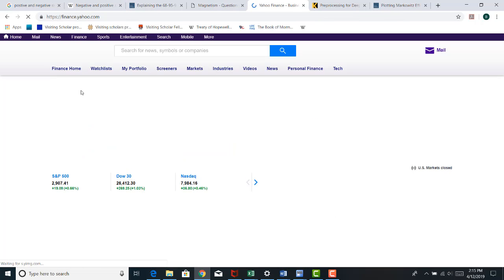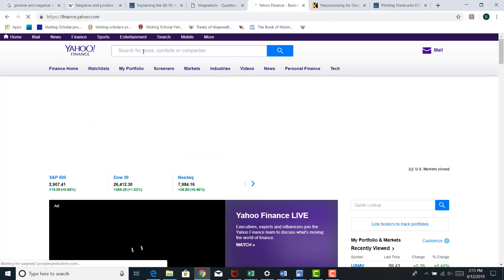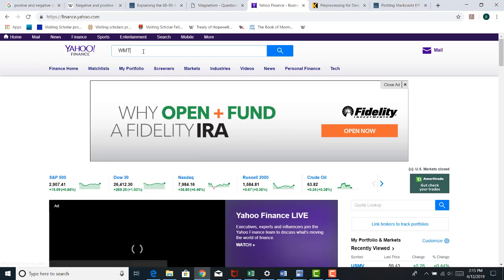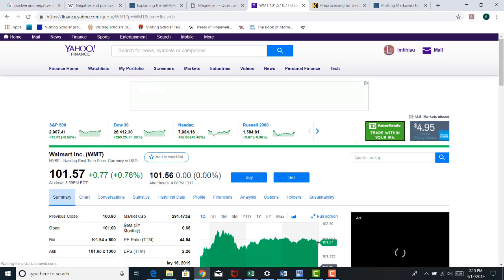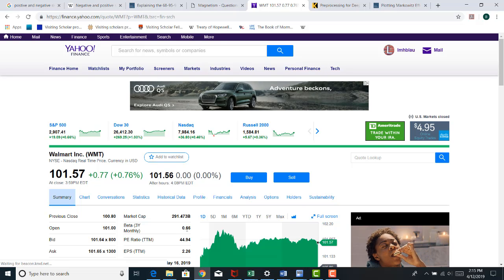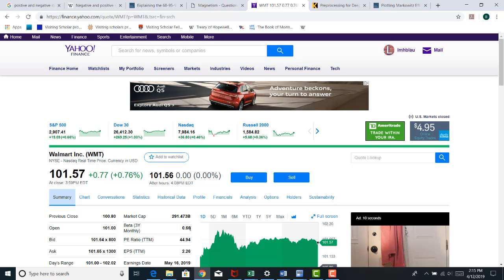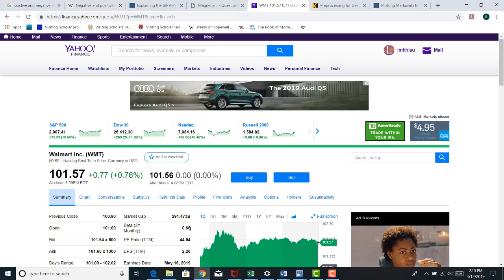I'm going to go to Yahoo Finance here real quick. I'm going to grab Walmart. And look, Yahoo Finance reports Walmart's beta as 0.66, which is less than 1, which means Walmart's exposure to systematic risk is less than the market's exposure to systematic risk.